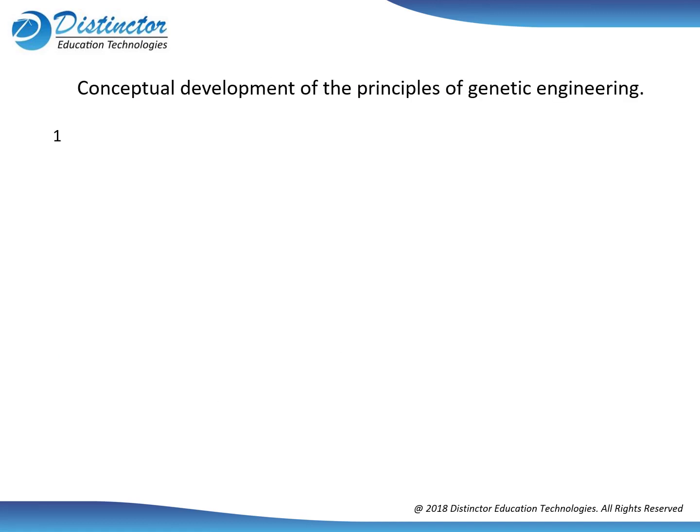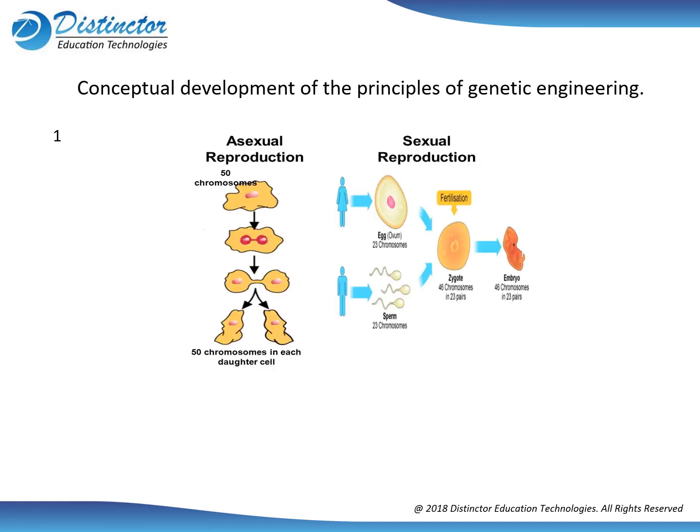Then we are going to see the conceptual development of the principles of genetic engineering. What are the concepts that lead to the principles of genetic engineering? The first concept is asexual reproduction and then sexual reproduction. In asexual reproduction, the genetic information is continuously preserved, whereas sexual reproduction permits some variation.